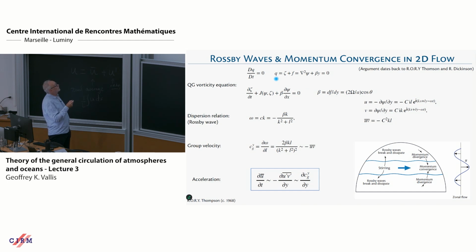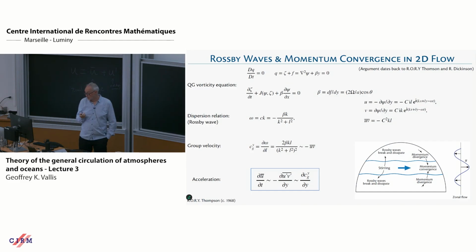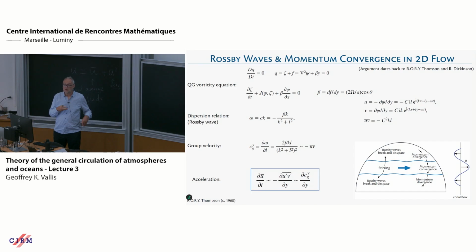I've used Q here instead of zeta, but it's just the absolute vorticity. In 2 dimensions, zeta plus f. Now, if it's two-dimensional and incompressible, the divergence is 0. We can use a stream function to describe the velocities.